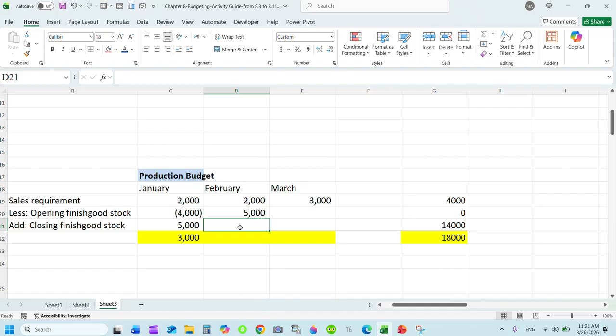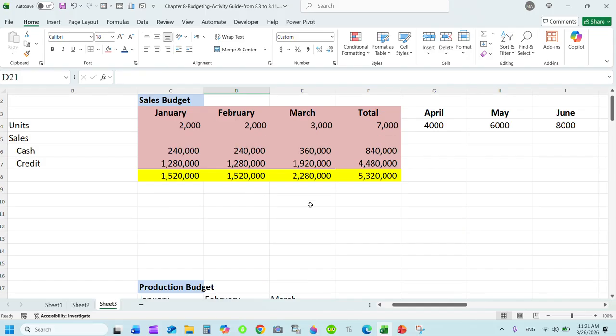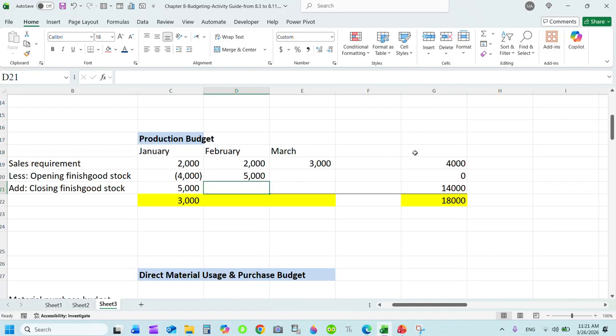They need to maintain next 2 months sales requirement. So this is March sales requirement. This is April sales requirement. So accordingly, for the February month, closing stock should be equivalent to March demand units and April units.